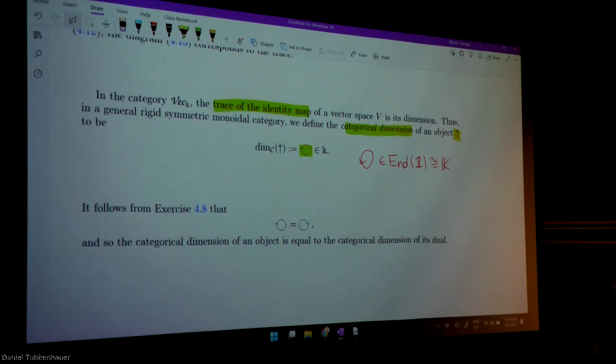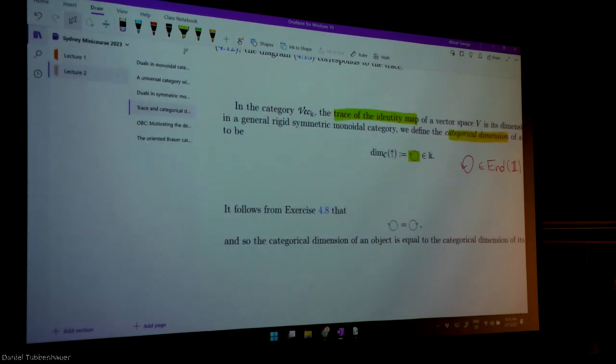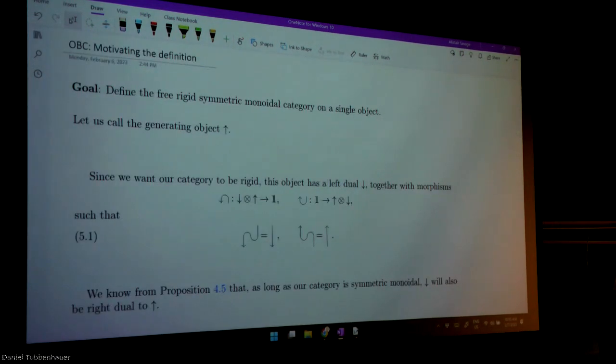Okay, so in the last 5 minutes, the next thing I want to do, which we won't get all the way through, but maybe I'll just start. We now want to do this idea of forming a universal category, but now we want our category to be the free, rigid, symmetric monoidal category on a single object.